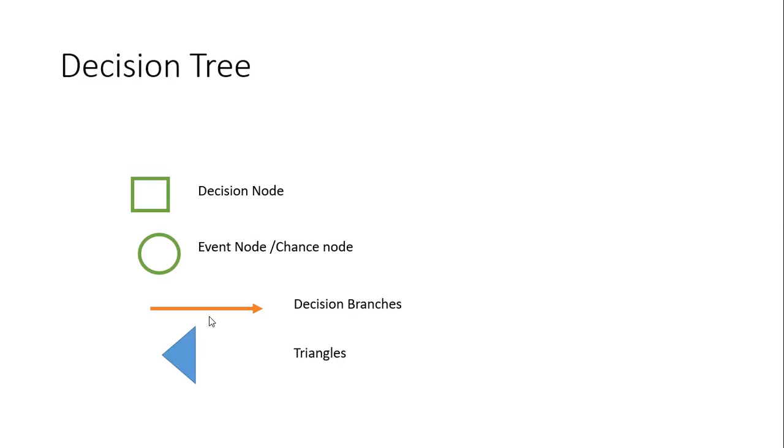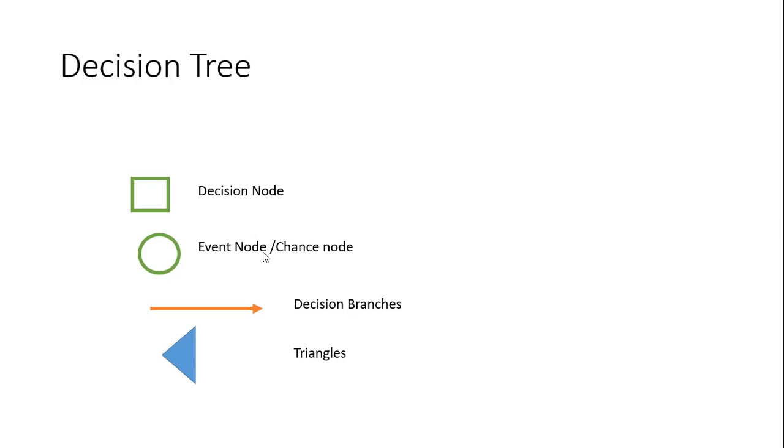Next is decision branches. Branches extending from a decision node are decision branches. Each branch represents one of the possible alternatives. And next is event branches. They will extend from an event node. So from this circle, we will draw an arrow.